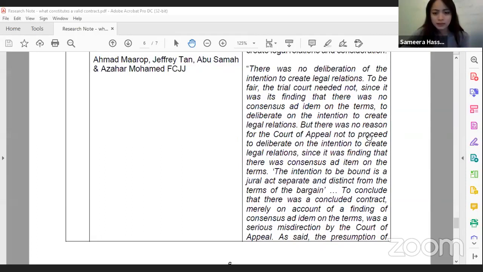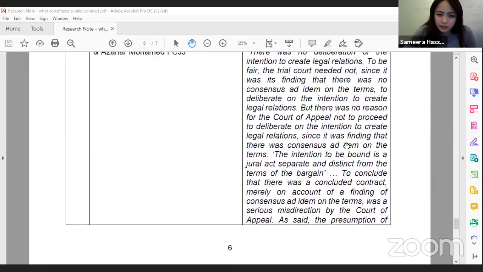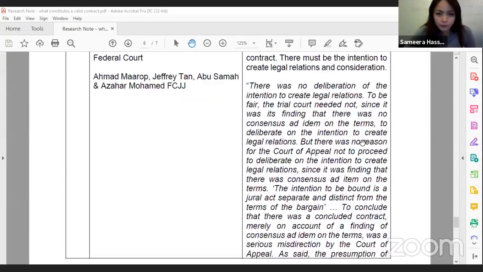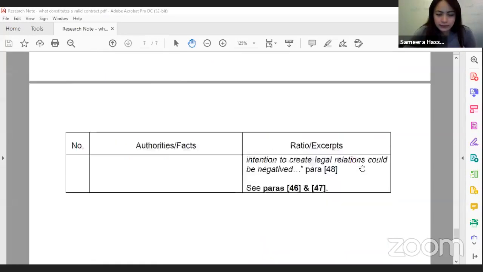The intention to be bound is a jural act separate and distinct from the terms of a bargain. To conclude that there was a concluded contract merely on account of a finding of consensus ad idem on the terms, there was serious misdirection by the Court of Appeal, as the presumption of intention to create legal relations could be negative.